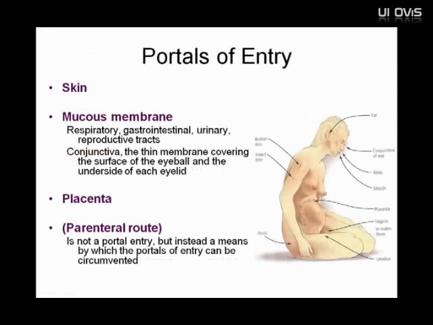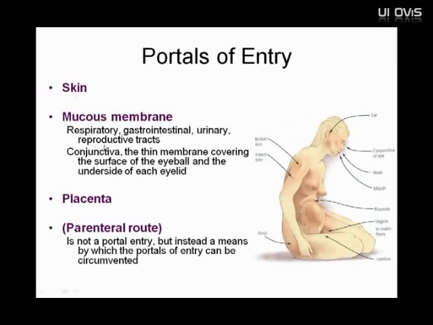There are three main portals of entry: skin, mucous membrane, and placenta. As long as our skin is intact, no microbes will enter the body. But if there is a microlesion, it is a very good entry for microbes to enter the body and produce diseases.